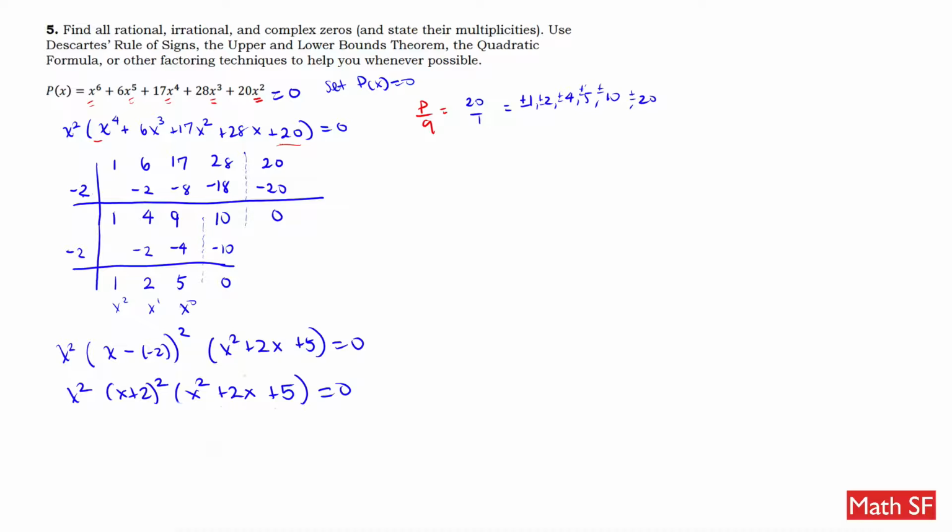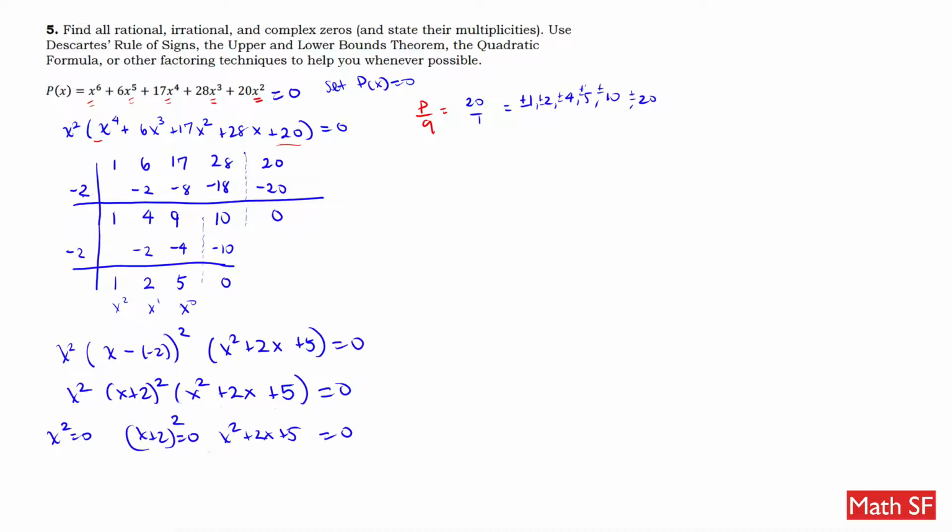So let's factor this part here: x squared times (x plus 2) squared, and then you have x squared plus 2x plus 5 equal to 0. This part here is also equal to 0.